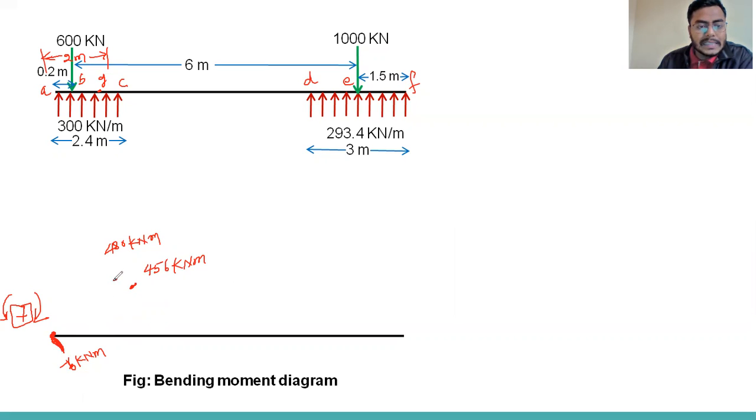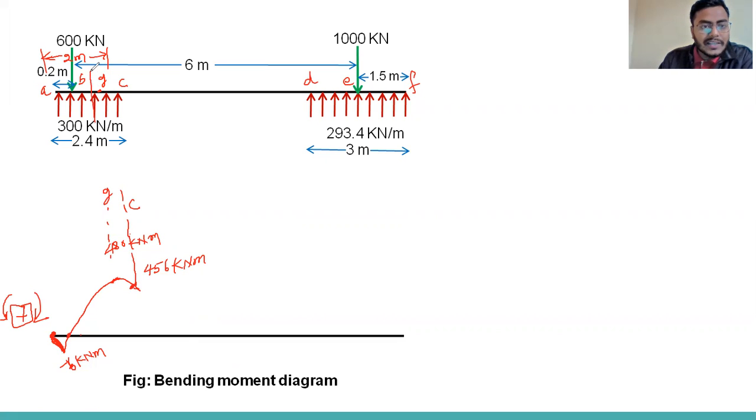So somewhere you will see that the bending moment is 0. So we can find where the bending moment is 0. Here will be the maximum at a point G. This is the point G and this is the point C. Now we will find where the bending moment is 0.